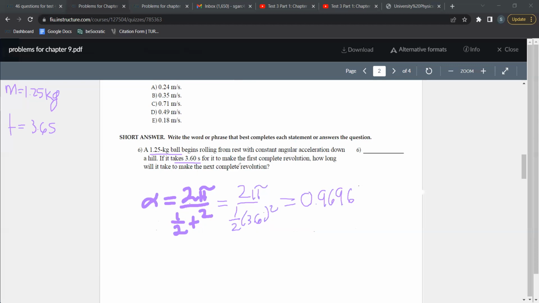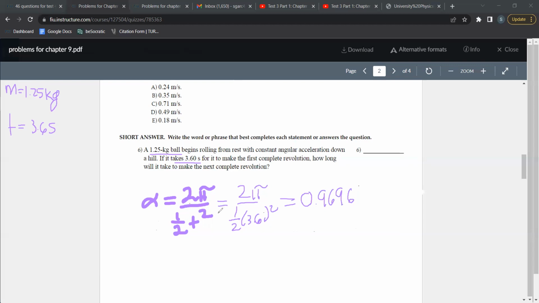And that is our angular acceleration. So now that we have our angular acceleration, we can find the time it takes, after our first 3.6, to complete another revolution. How would we set that up?